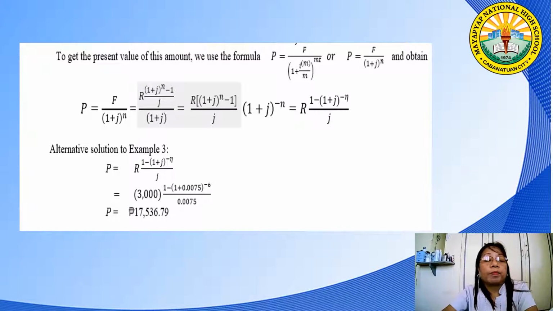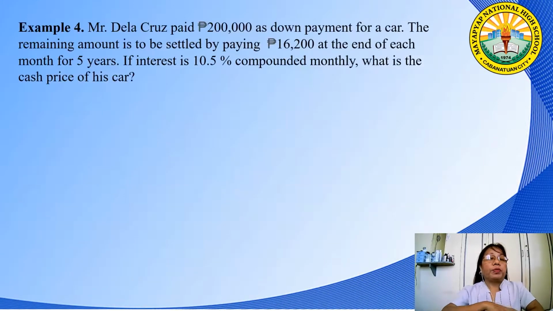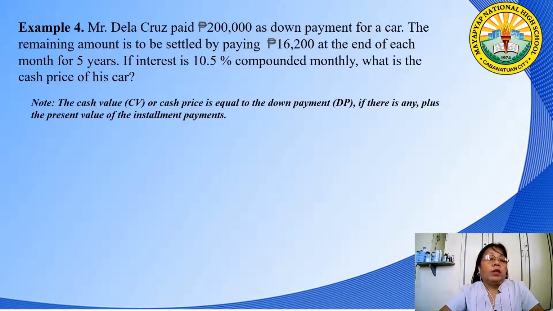Let's have another example. Mr. De La Cruz paid 200,000 pesos as down payment for a car. The remaining amount is to be settled by paying 16,200 at the end of each month for 5 years. If interest is 10.5% compounded monthly, what is the cash price of his car? The cash value or cash price is equal to the down payment, if there is any, plus the present value of the installment payments.